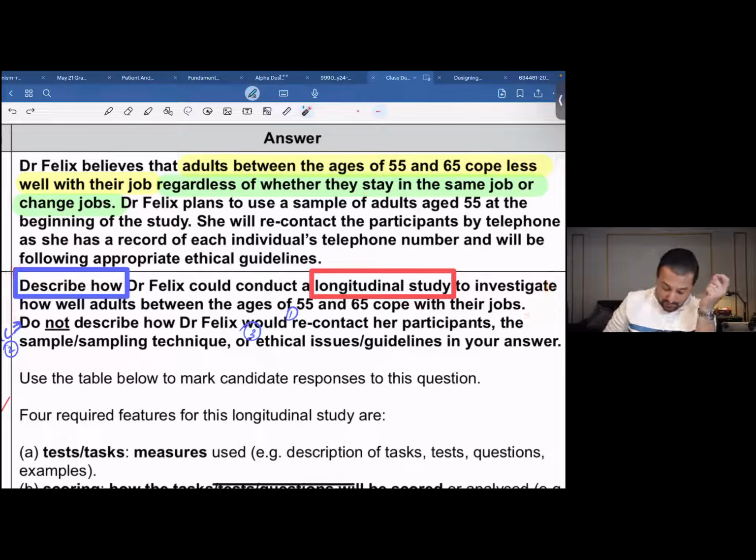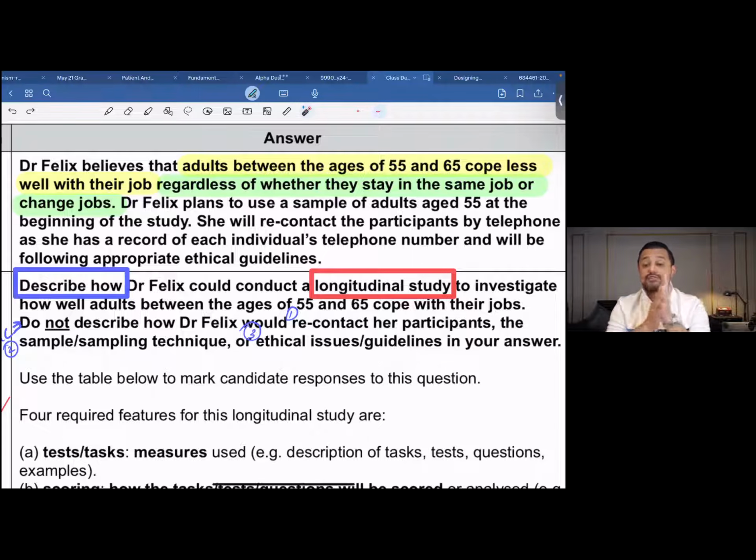Now, moving on, the additional information that has been provided by the examiner to us is do not describe how Dr. Felix would recontact her participants. Number one, do not miss this piece of information. The sample or the sampling technique or ethical issues or guidelines in your answer.